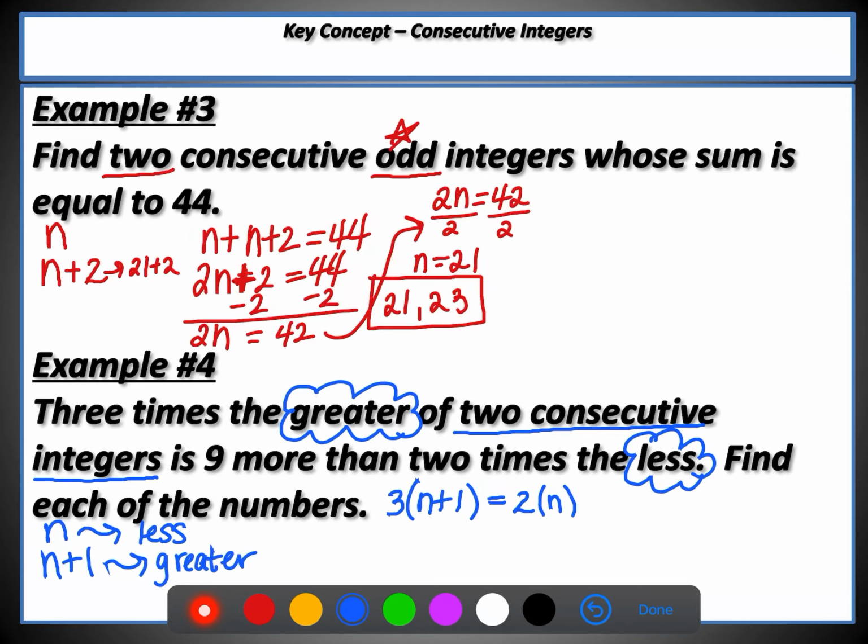Okay, and we want to make sure, how are we going to factor in this 9 more? Okay, so if the 3 times n plus 1 side of the equation is already at 9 more, so we could add 9 over here to the lesser side to make it equal, or you could subtract 9 off of the right side, or the left side, I'm sorry. Okay, so now we can go ahead and solve our equations.